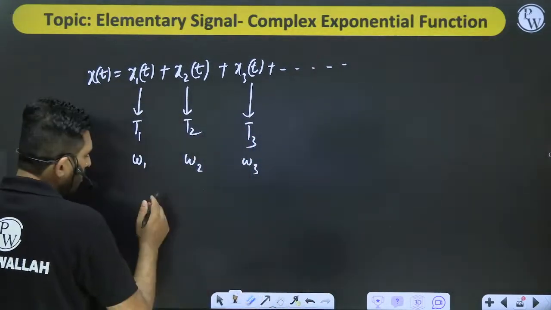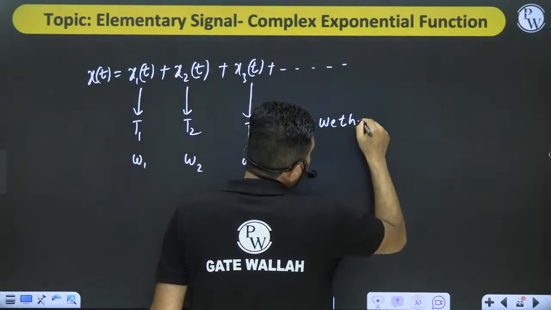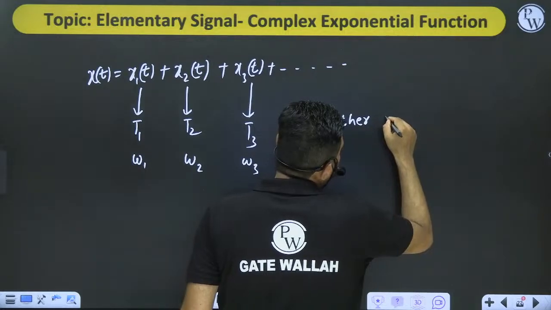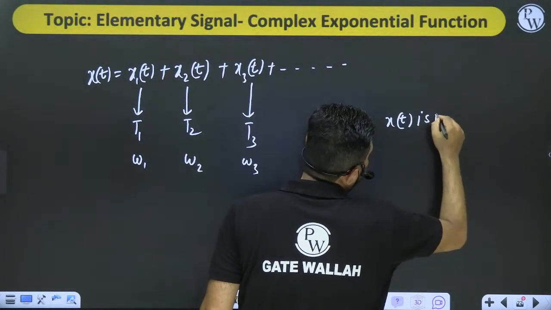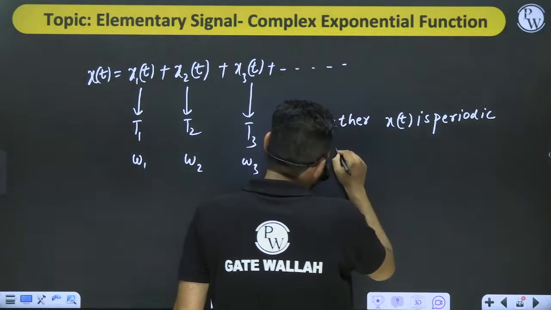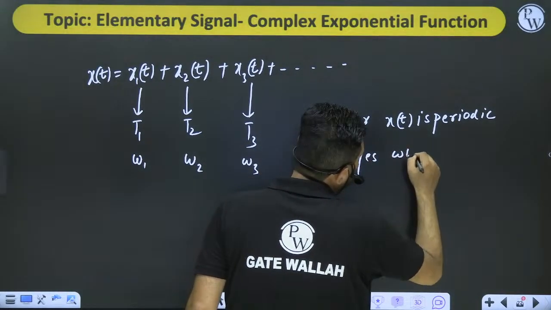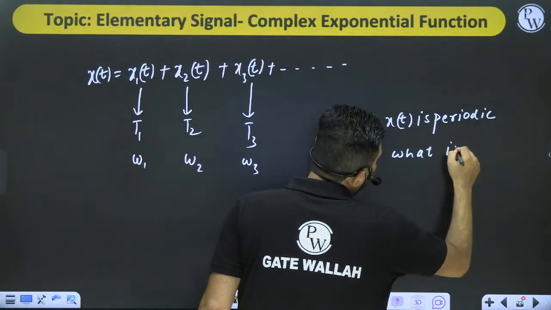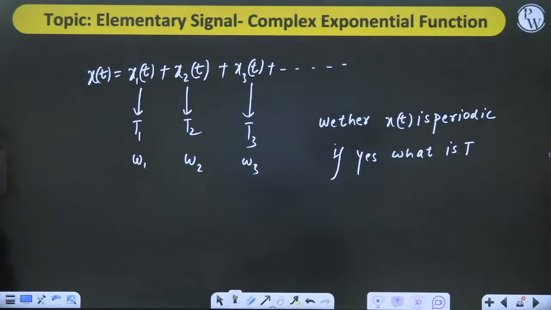So see here, whether x(t) is periodic. If yes, what is T? This is the question that we have to address. Let's do it. How will you check whether this is periodic or not?